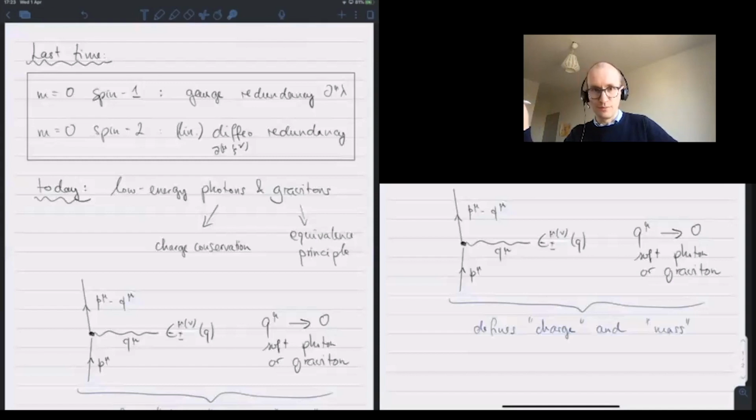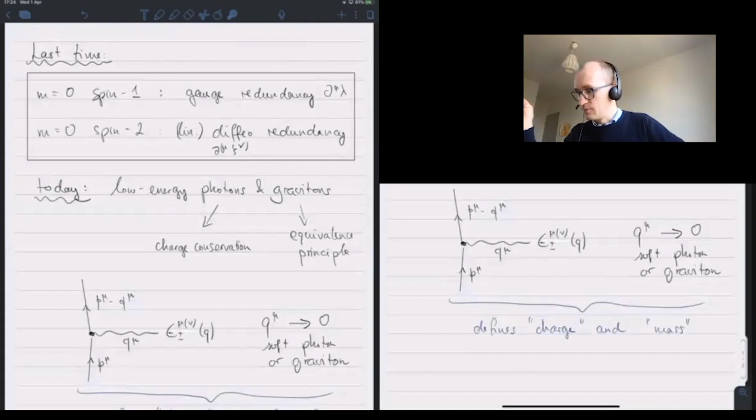And I'm going to use those definitions, those vertices and those kinds of diagrams, in order to learn something about how charge and how mass can possibly appear in consistent theories of spin 1 and spin 2.